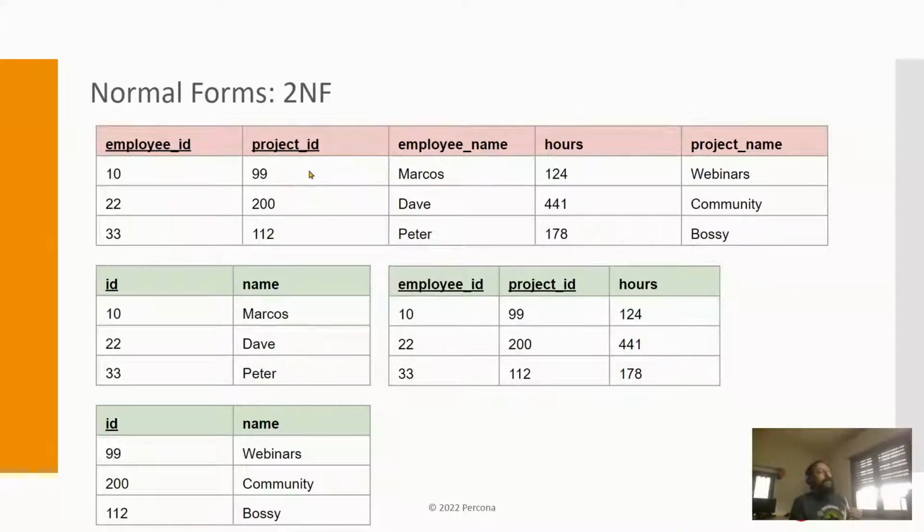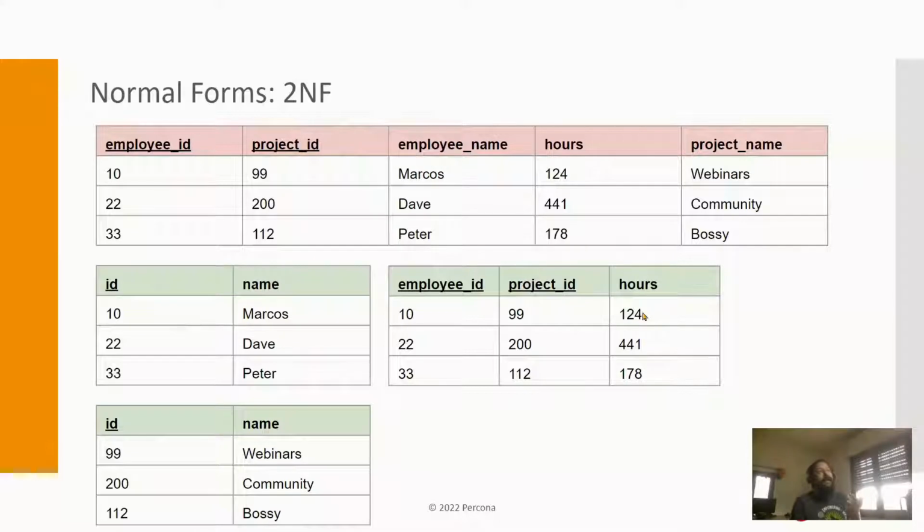So in cases like this, what you must do is never have these columns, name and project here. You will have your own table with your employees, and your own table with your projects. And then you will have the single table with a composite primary key, where employee ID and project ID combined are the primary key.